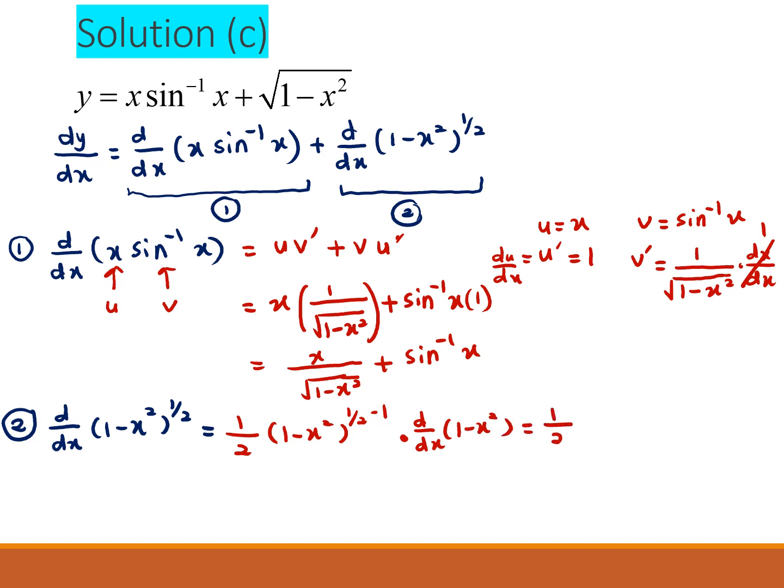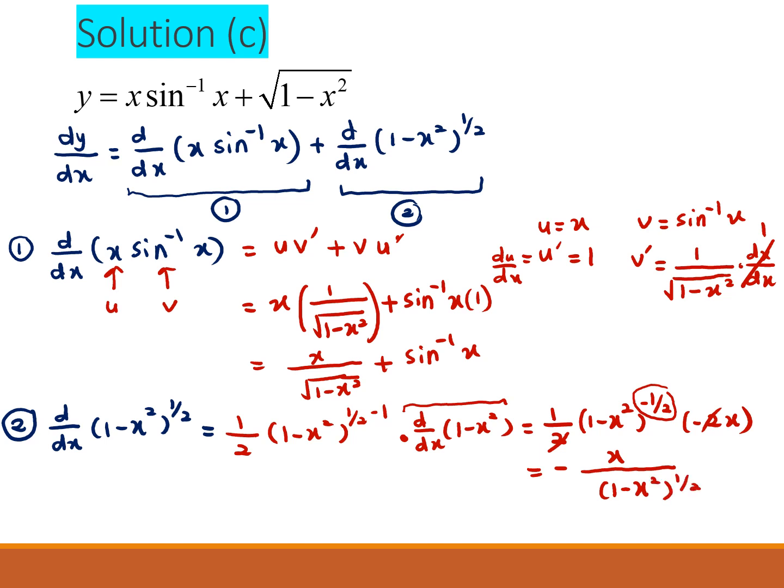So we get 1 minus x squared to the power of negative half, and the derivative of 1 minus x squared will be times minus 2x. So this will be cancelled out, and we have negative x. Since the power is negative half, we can bring it to the denominator, which will be 1 minus x squared to the power of half.